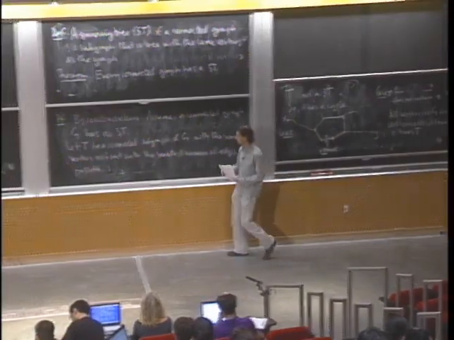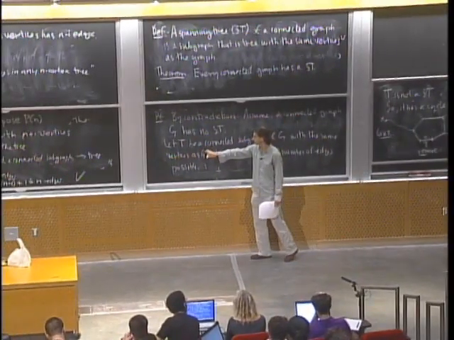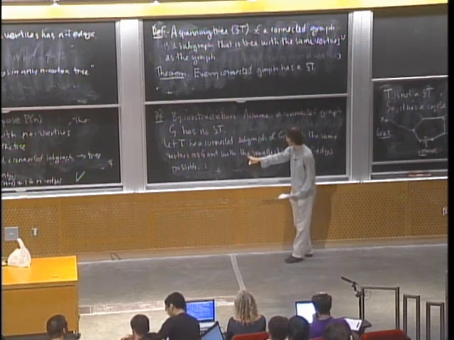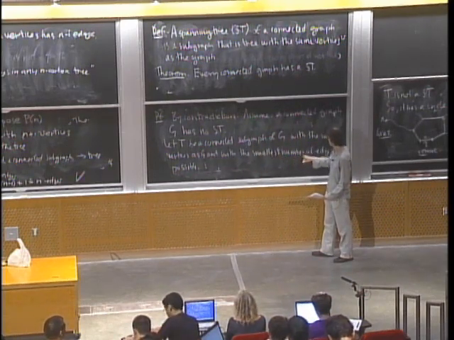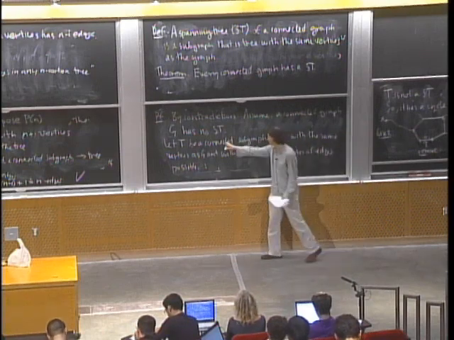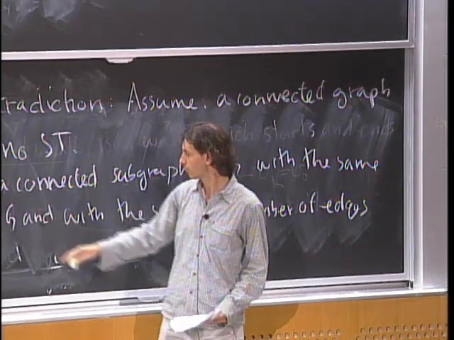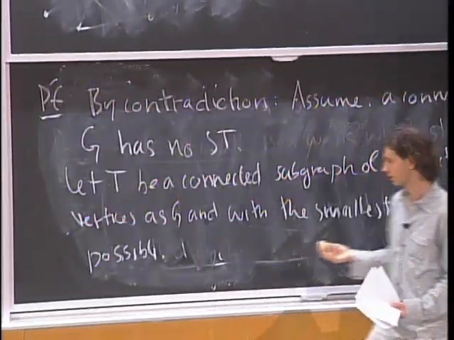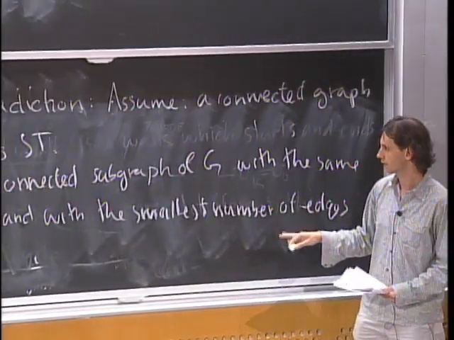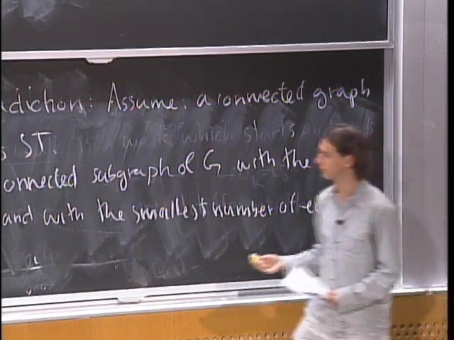So why was that again? We now constructed a smaller graph, smaller in the sense that it has one less edge, that is still connected and with the same vertices as G. But I assumed that T was already the smallest such subgraph, so we have a contradiction.